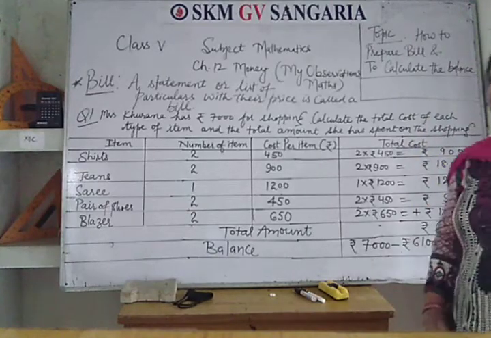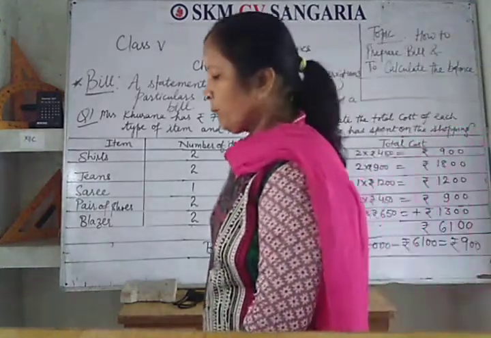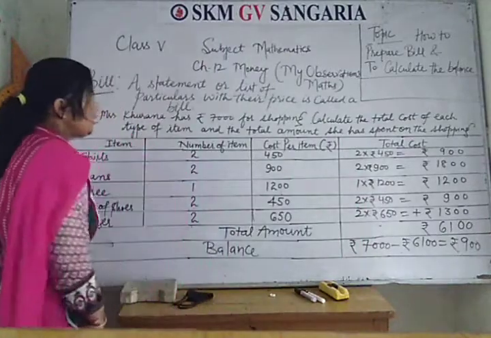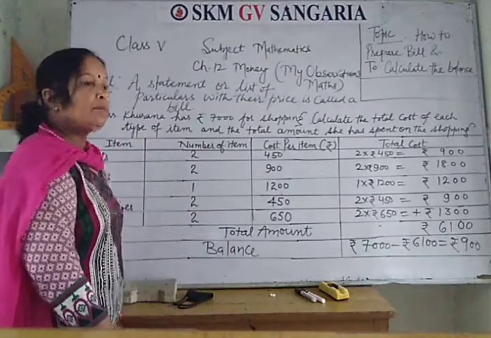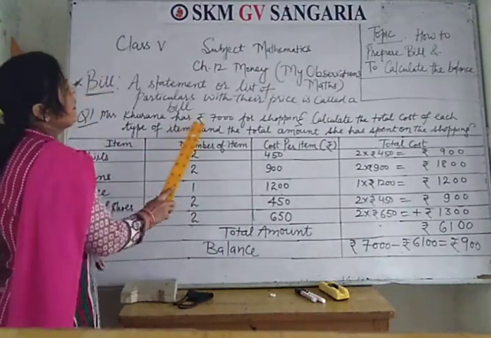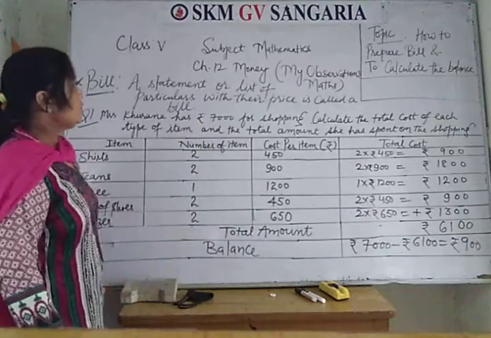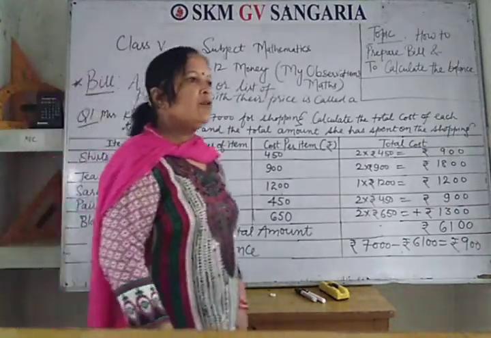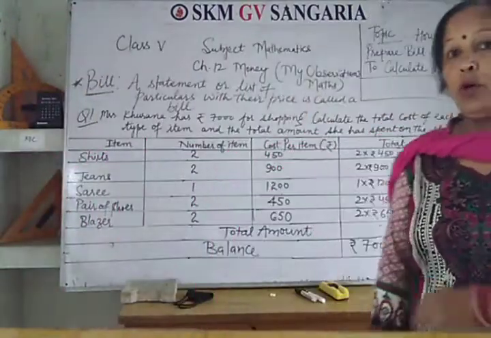Mrs. Khurana went for shopping with money. How much money is she having in her purse? That is rupees 7,000. So let's see what she has bought.